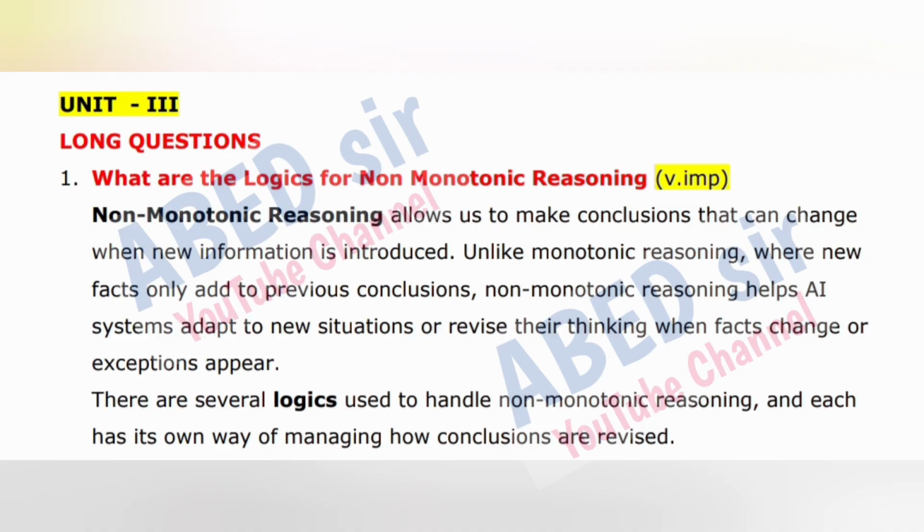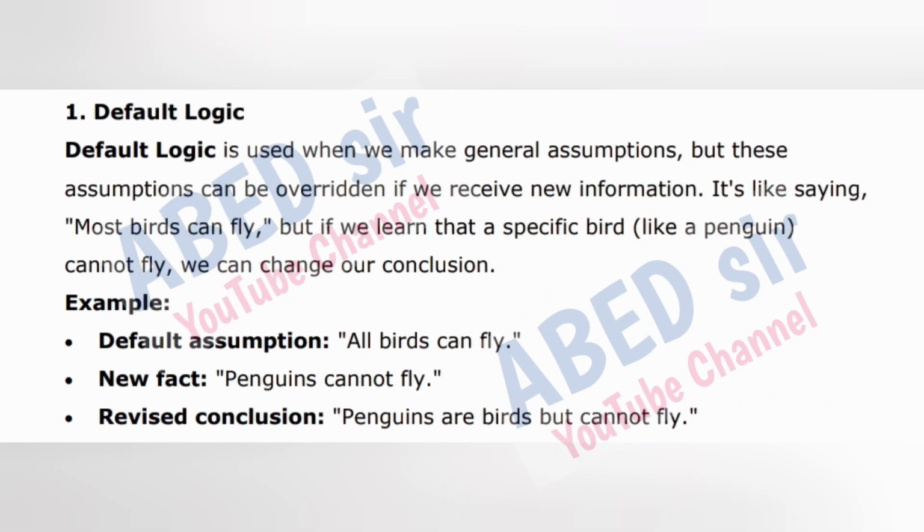There are several logics used to handle non-monotonic reasoning, and each has its own way of managing how conclusions are revised. 1. Default logic. Default logic is used when we make general assumptions, but these assumptions can be overridden if we receive new information.